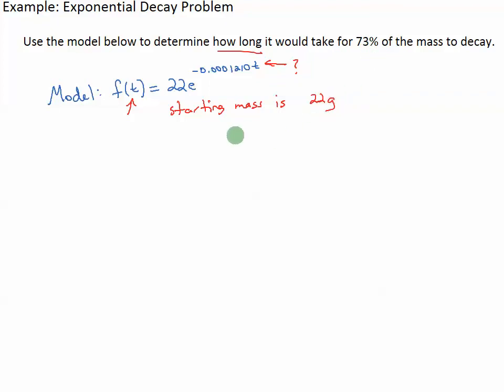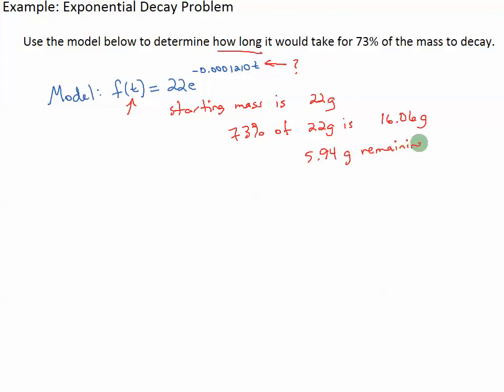So 73% of 22 grams is 16.06 grams. So that's how much decays. This is the mass that's left, which means that if I take 16.06 away from 22, I get 5.94 grams remaining.